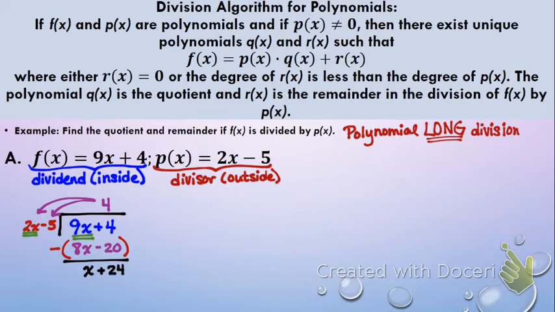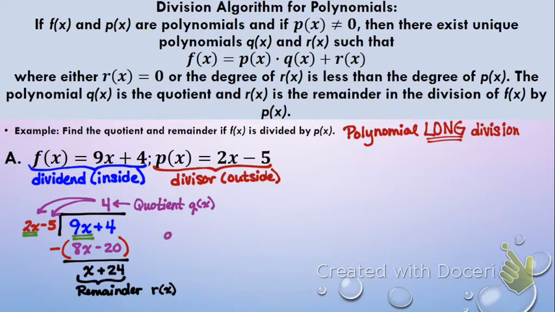Can 2x go into x? No. So then this right here is my remainder. So that would be r of x. And up on top, this is my quotient, which we are calling q of x.